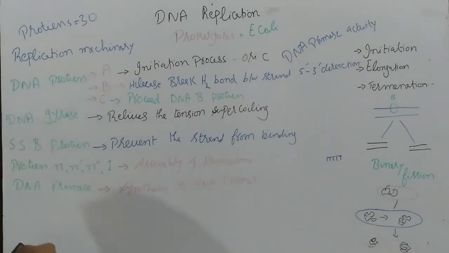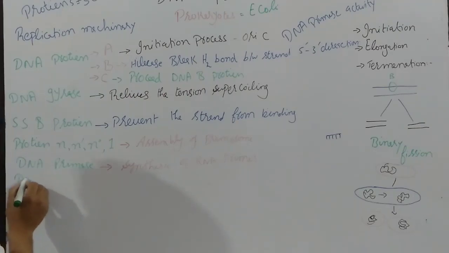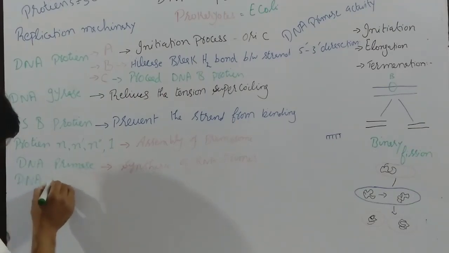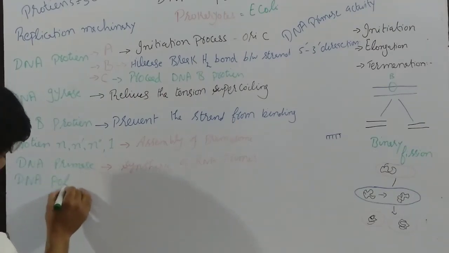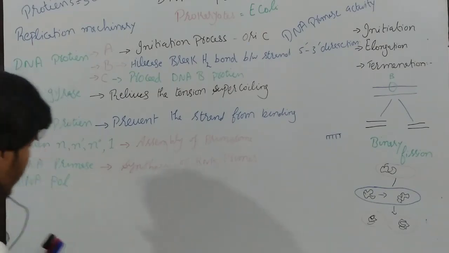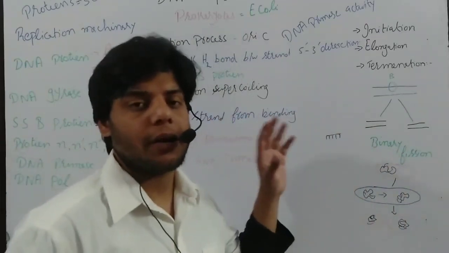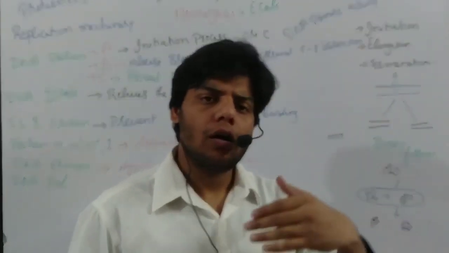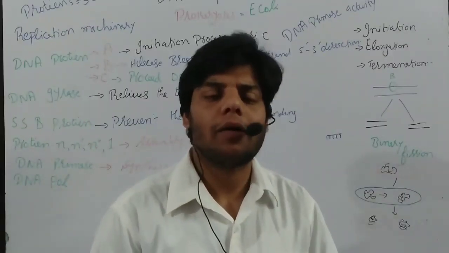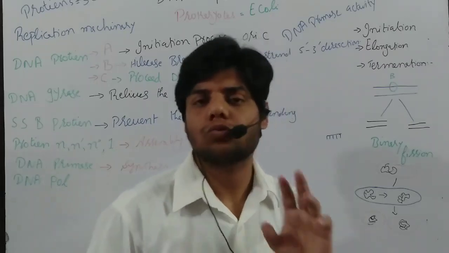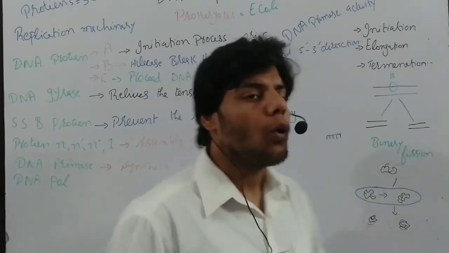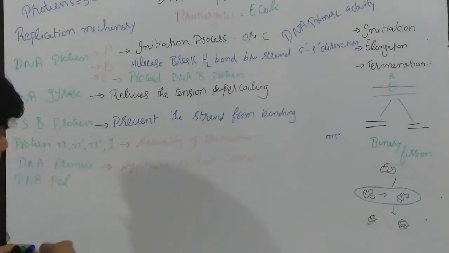Then we have another protein, we call that DNA polymerase, in short form Pol. We have two types of DNA polymerase involved in DNA replication in prokaryotes. We have also 3 types, but here we will discuss 2 types, DNA polymerase I and DNA polymerase III.